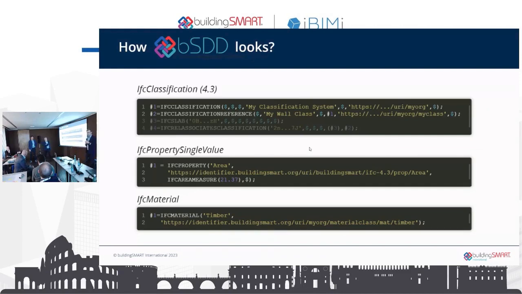So basically, if the content is updated in bSDD, you don't change anything in the IFC model. And the IFC model still points to this reference, but depending on the version. So if you specify the version, you will be pointing at a particular version of this information back in time. So if there is a new one, it's up to you whether you want to point to the latest or to the one that you used when it was created.